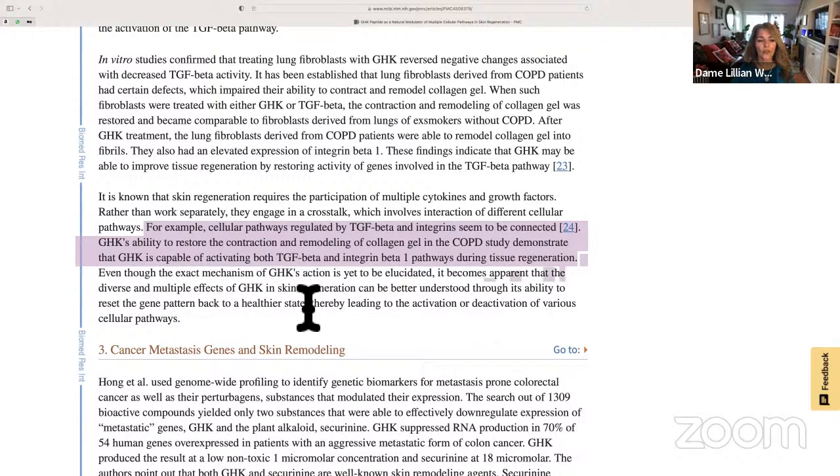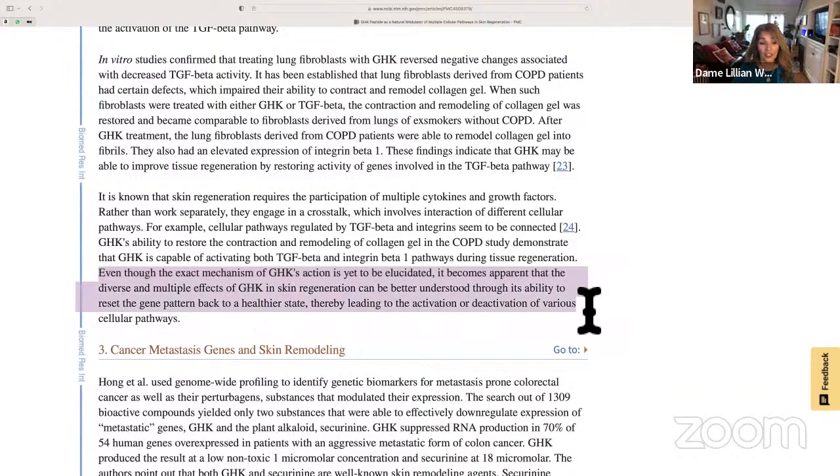So even though the exact mechanism of GHK is yet to be elucidated, meaning they don't really know exactly the nitty-gritty details, all the little fine print of how this actually comes into being, it becomes apparent that the diverse and multiple effects of GHK in skin regeneration can be better understood through its ability to reset the gene pattern back to a healthier state, leading to the activation or deactivation of various cellular pathways.